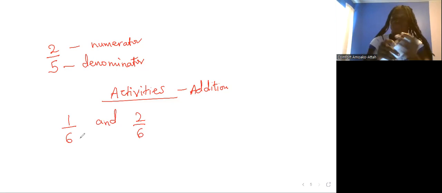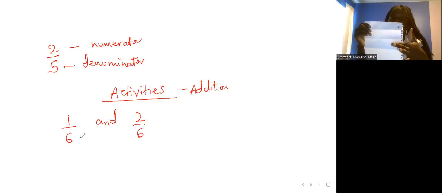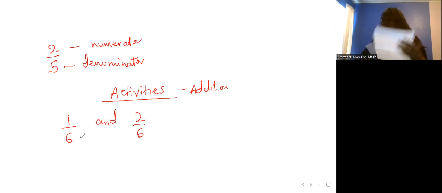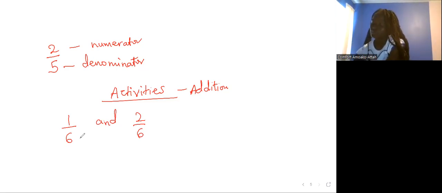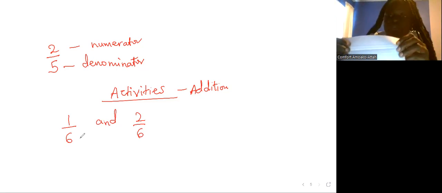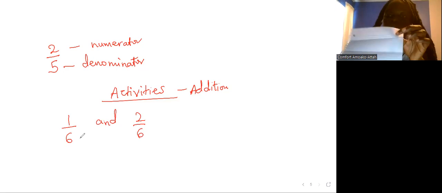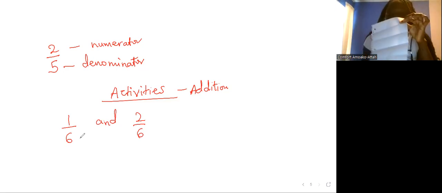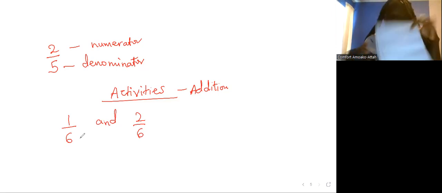So 1, 2, 3, 4, 5, 6. Right. Then we shade 1 part of it to represent our fraction, which is 1 out of 6. So we shade 1 part out of the 6 divisions. So this is given as 1 out of 6.